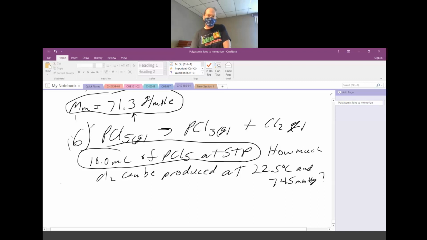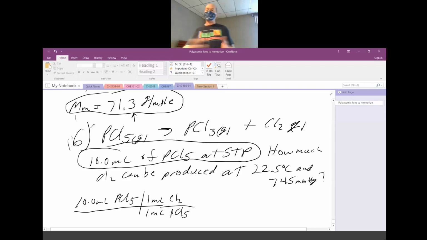The easy way to do it is you have 10 mils of PCl5, and we know that for every 1 mil of Cl2 formed, 1 mil of PCl5 had to decompose. Again, this is an all-gas equation, so you can use volumes and any units of volume. 1 liter of this will produce 1 liter of that. 1 mil of this will produce 1 mil of that.